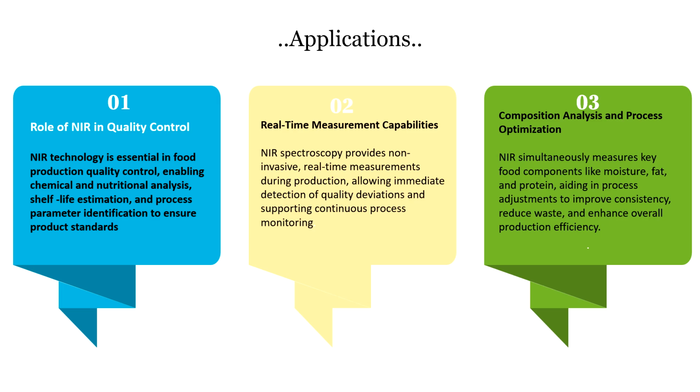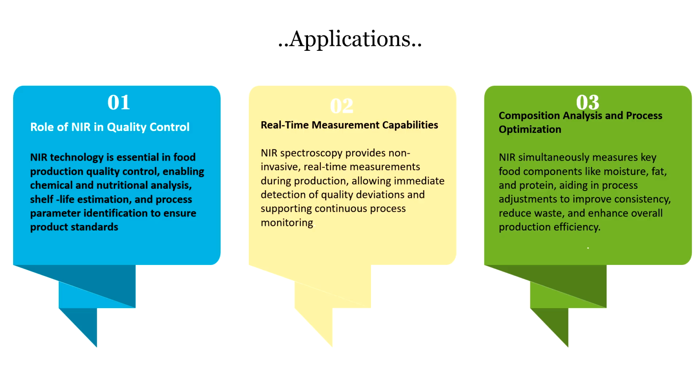More applications. Role of NIR in quality control. NIR technology is essential in food production quality control, enabling chemical and nutritional analysis, shelf life estimation, and process parameter identification to ensure product standards. Real-time measurement capabilities.